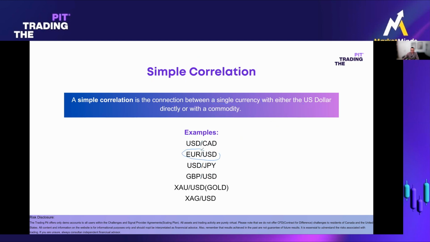So when we talk about euro US dollar, and let's say the euro US dollar going upwards, two things can happen. Either the euro is gaining strength and the euro drives this currency pair, or the US dollar becomes very weak, and the weakness of the US dollar drives the euro to move upwards against the US dollar.